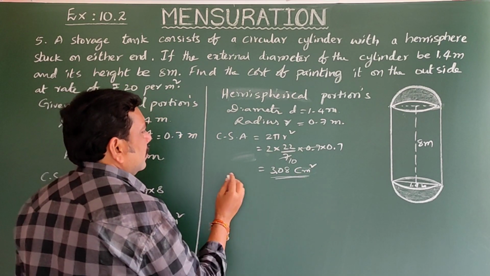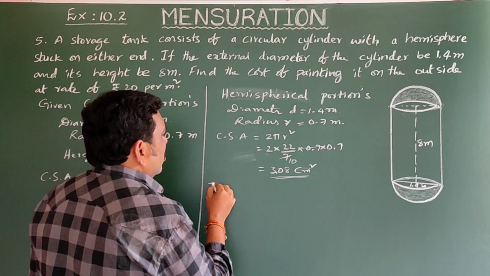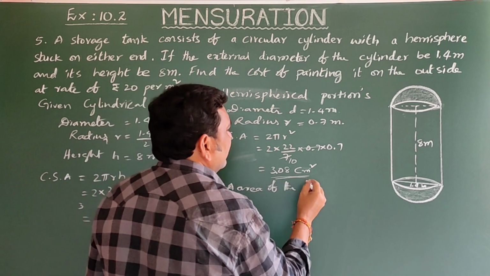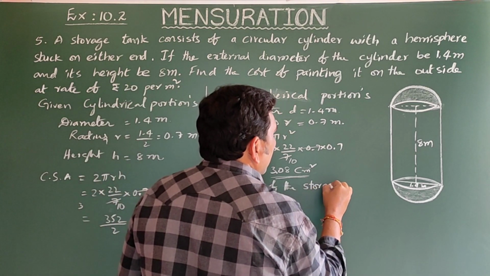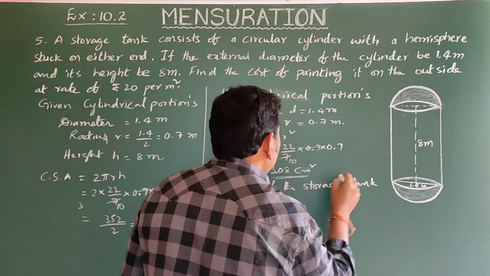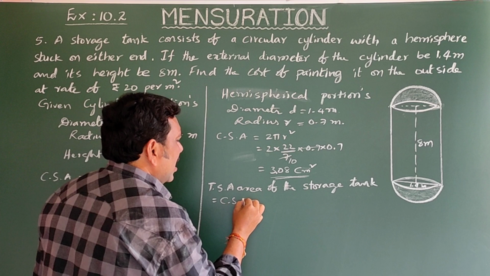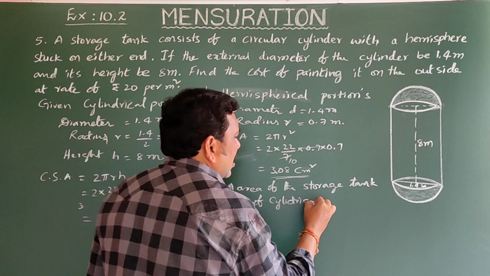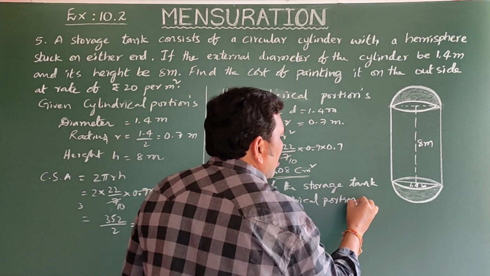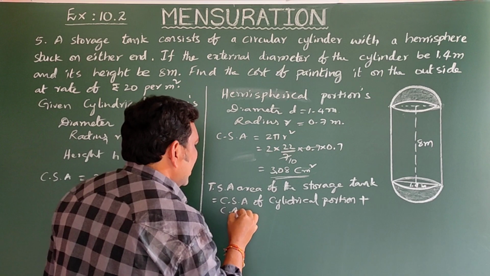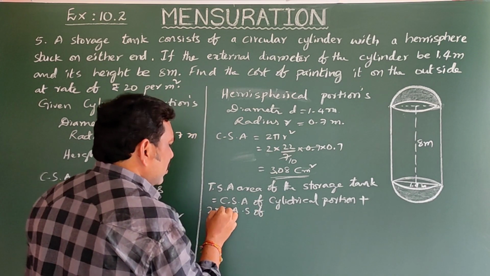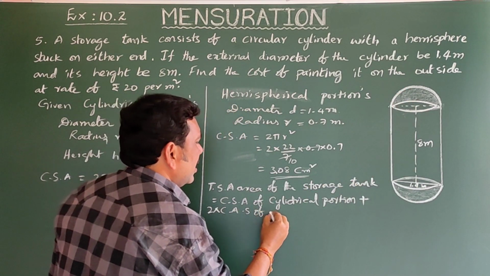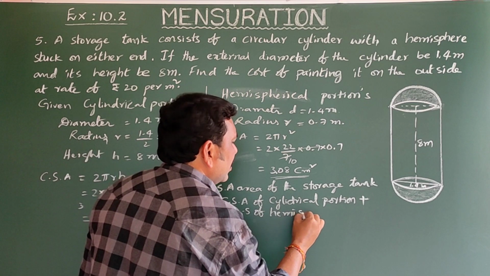Now the total surface area of the storage tank is equal to CSA of the cylindrical portion plus 2 into CSA of the hemispherical portion, as both two portions are there.